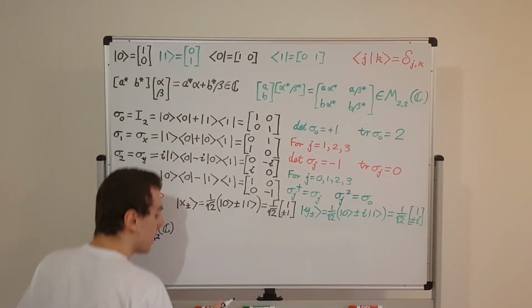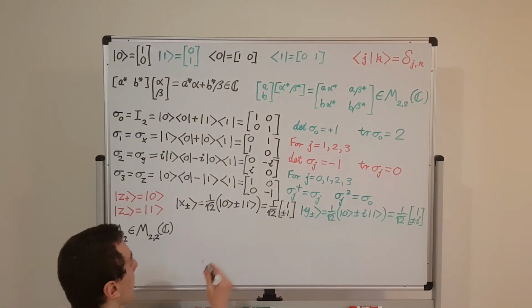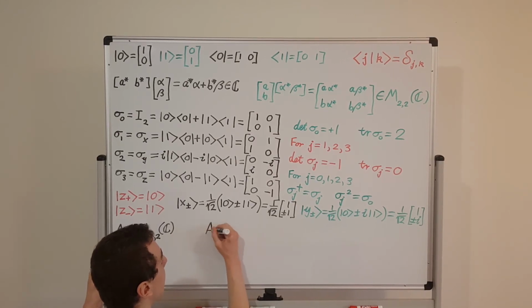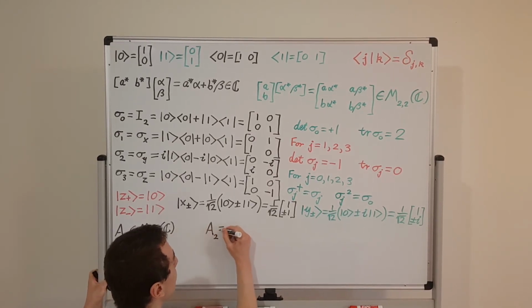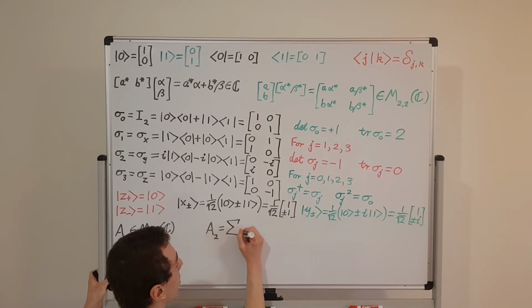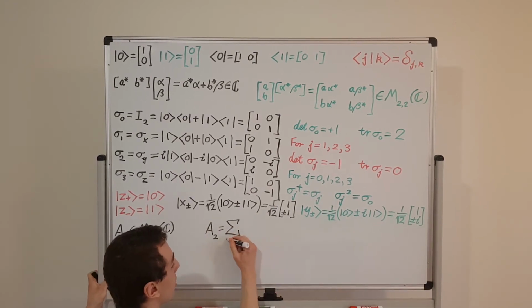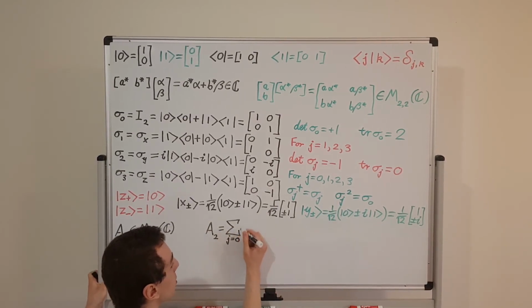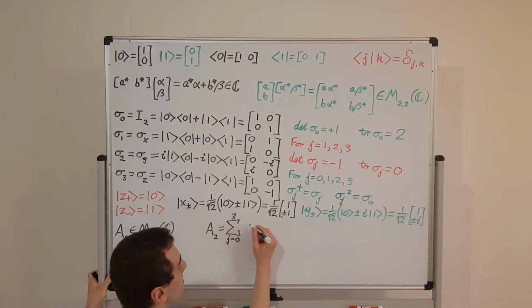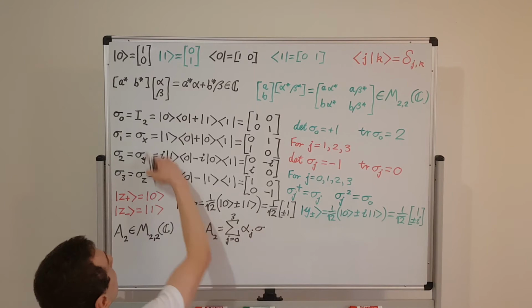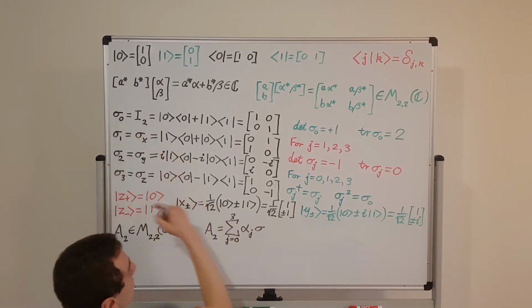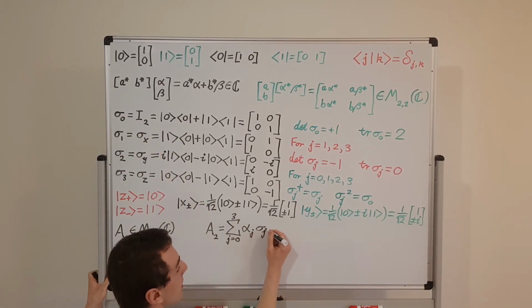What we can do is take A2 and write it as a linear combination. I write this as a sum of j going from 0 to 3 of some coefficients alpha j times these matrices, sigma j.